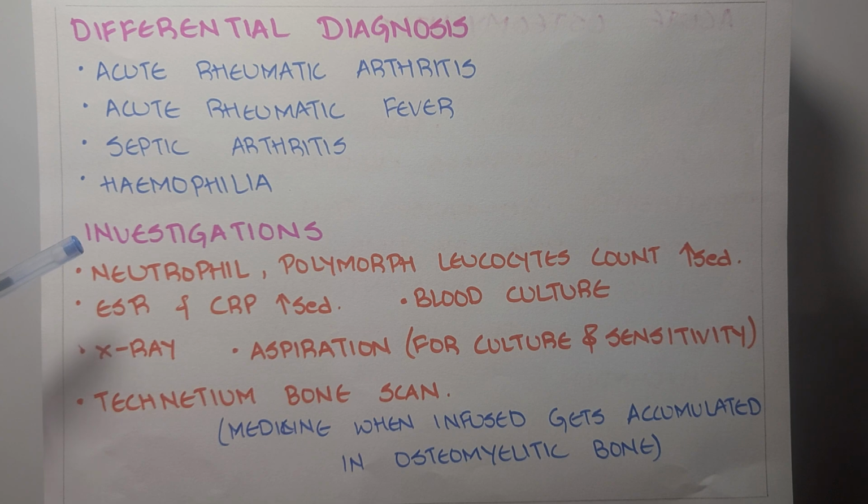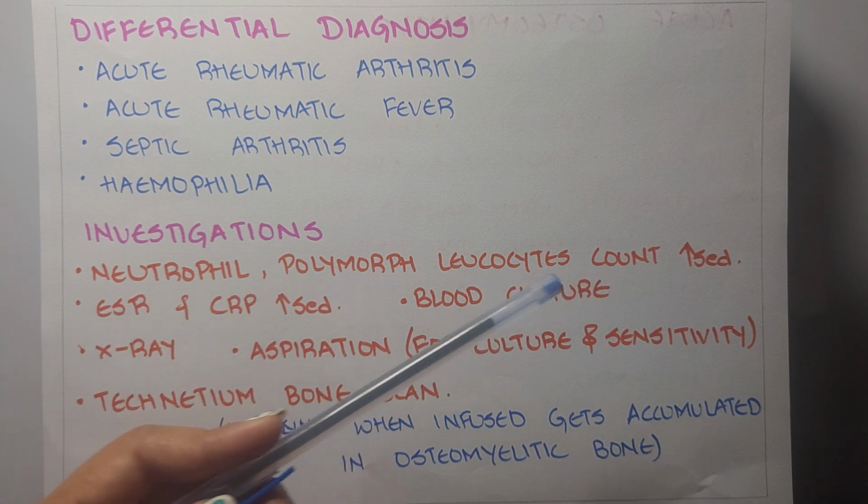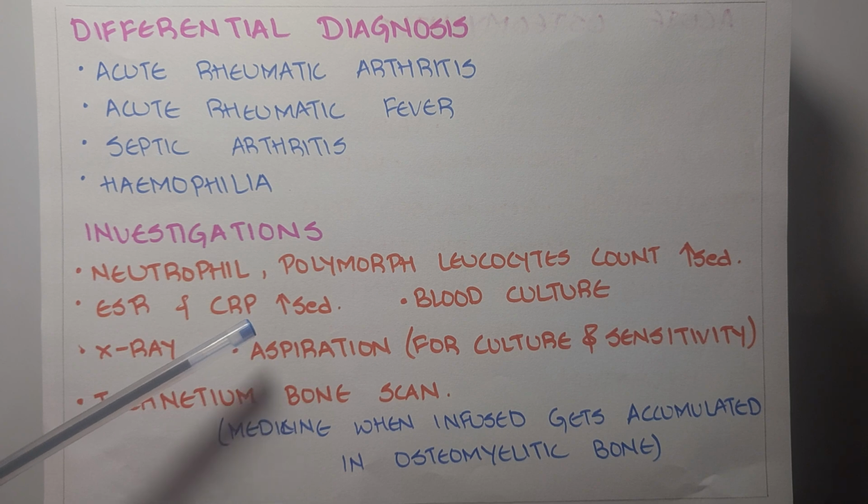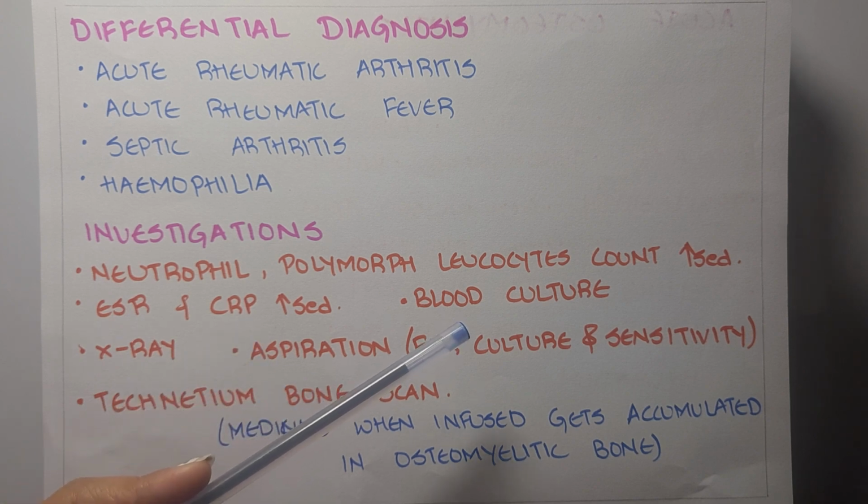So the investigations to be done are the blood test, where you can find the neutrophil polymorph leukocytes count has increased, ESR and CRP is raised. The blood culture has to be done, X-rays, aspiration for the culture and sensitivity, and technetium bone scan is done.